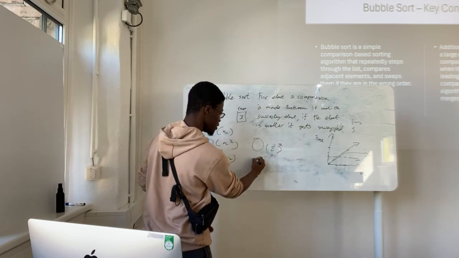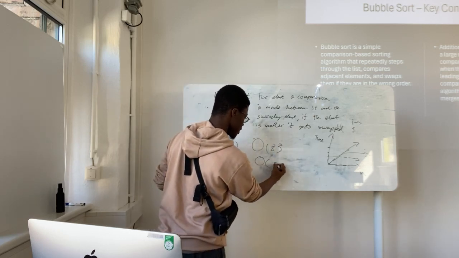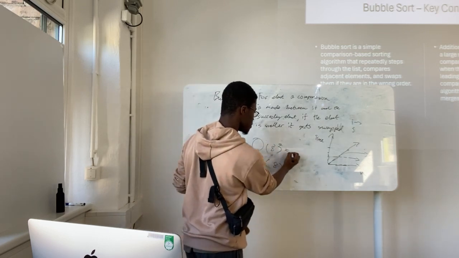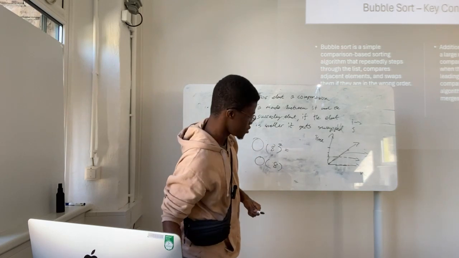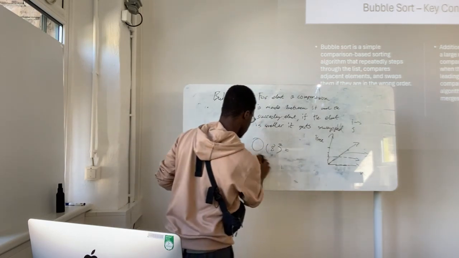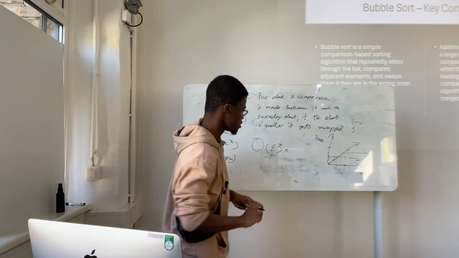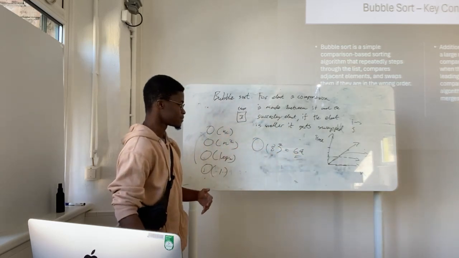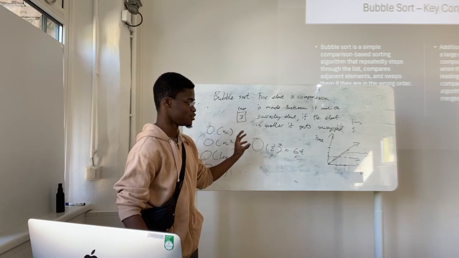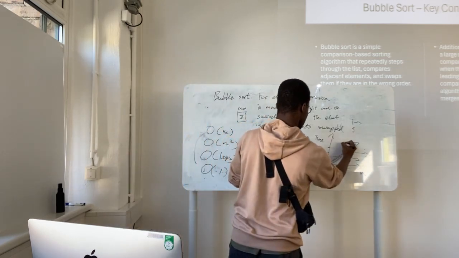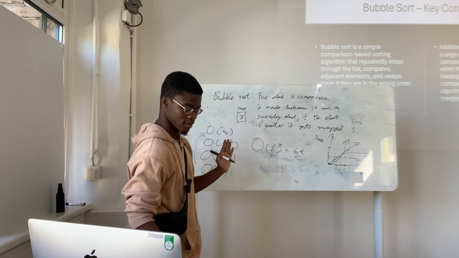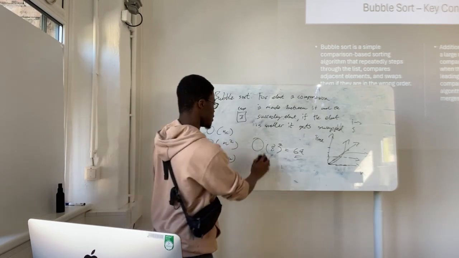For linear time, the time would have been just 8, the number of elements. This time we have 8 to the power of 2, where you get 64, right? A massive jump. And thus, our time complexity is going to look something like this. So it's going to be increasing very quickly.